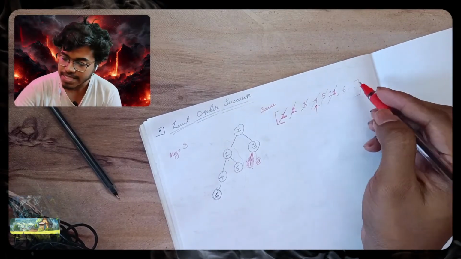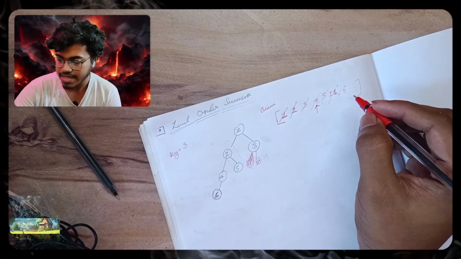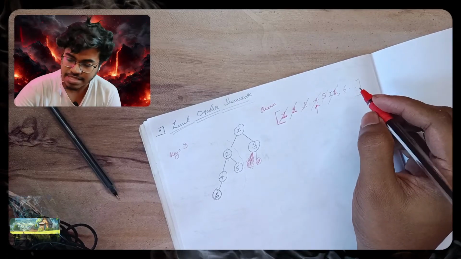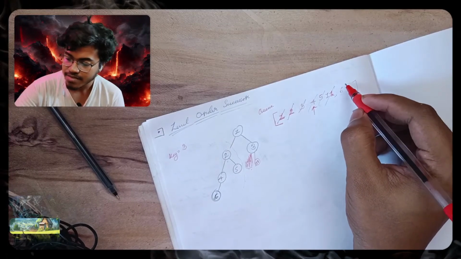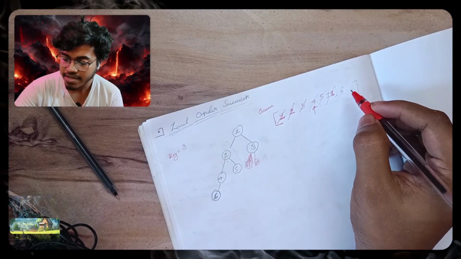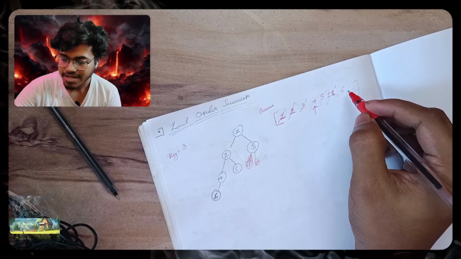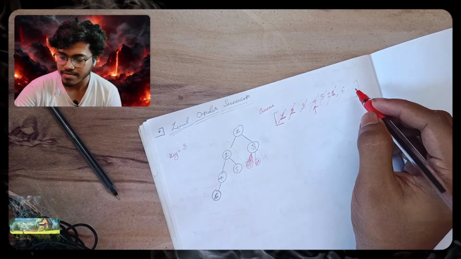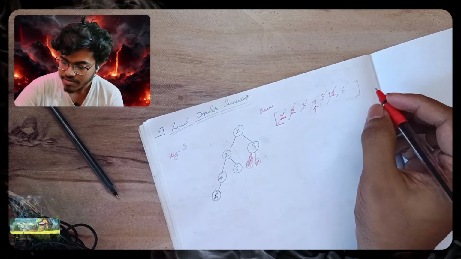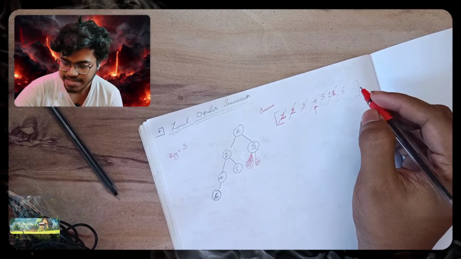Then it will come to 6 again. It will ask, are you equal to 6? It will say, yes, I am equal to 6. Then if you have any children, insert them, but I don't have any children, so I will pop myself.